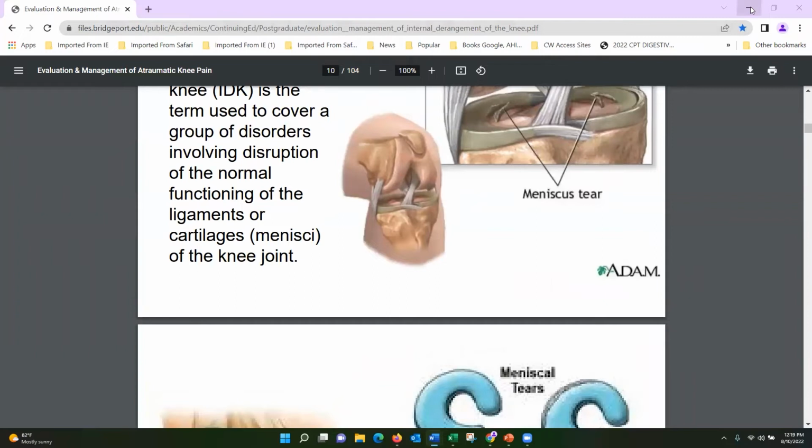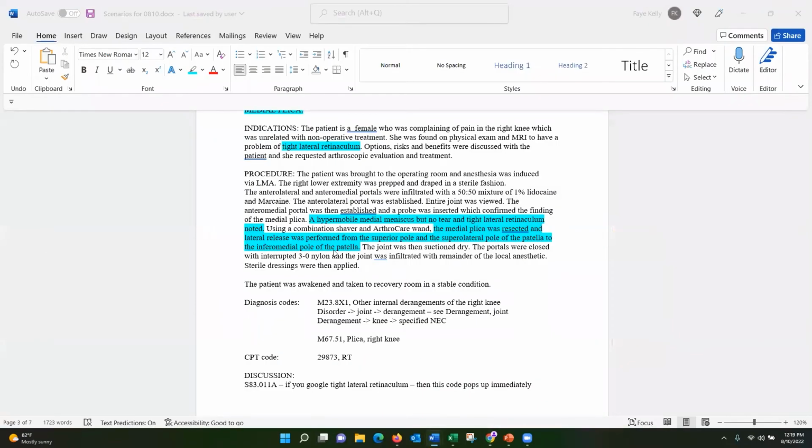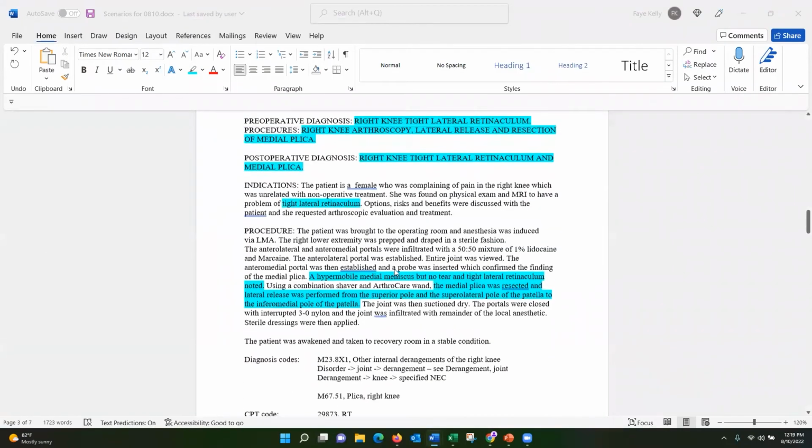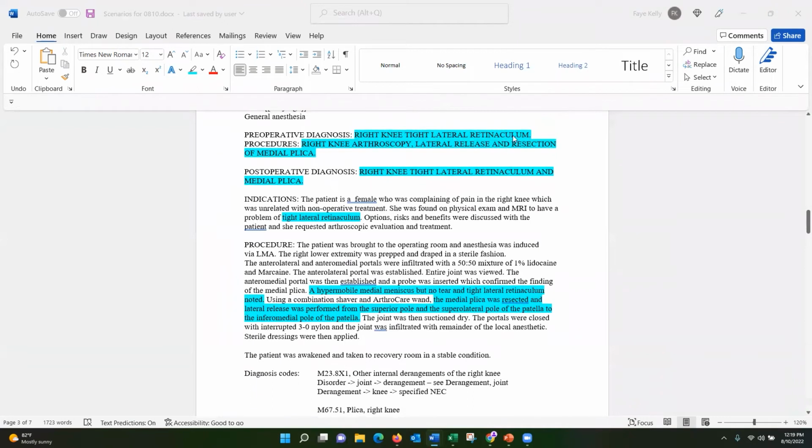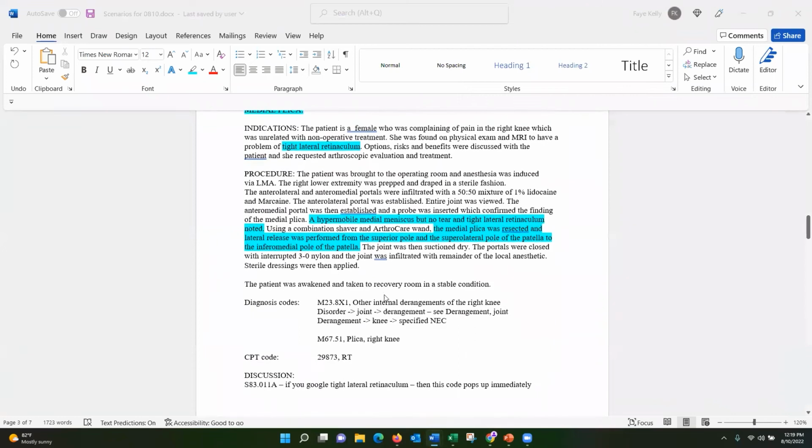So when we see that this patient has a retinaculum that's tight, we're like, okay, we've got to figure out where we get this from. Where do we get this code that is correct, M23.8X1?